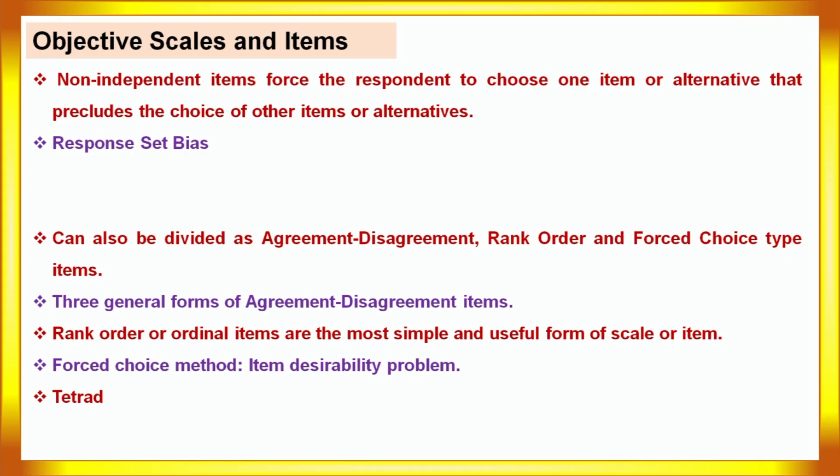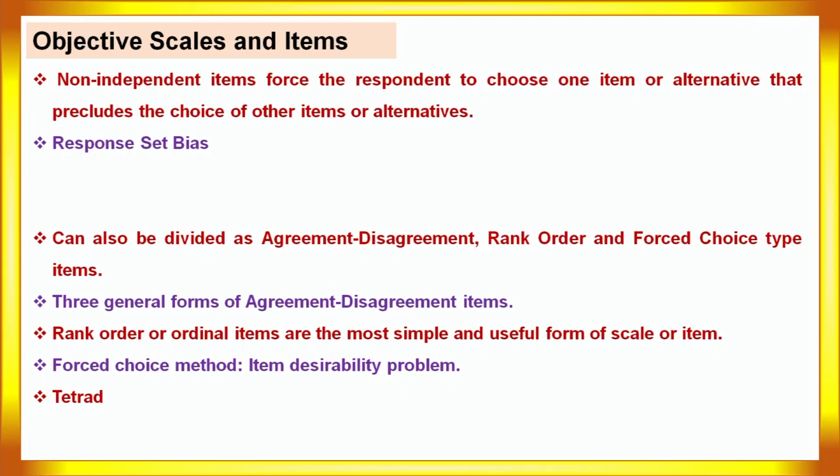Depending on the number of choices, the respondent may have to choose one of 2, one of 3 or more, or more than 1 from a number of options, where there may be 2 or 3 right answers. So, those are the general forms of the agreement disagreement item.